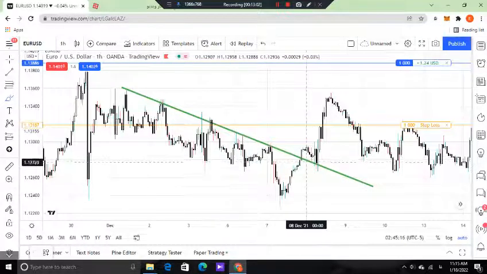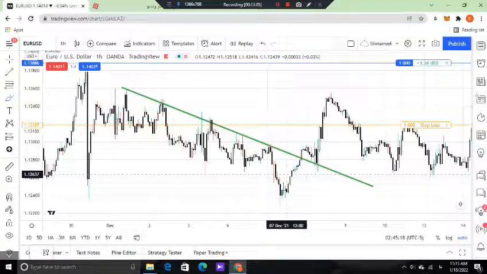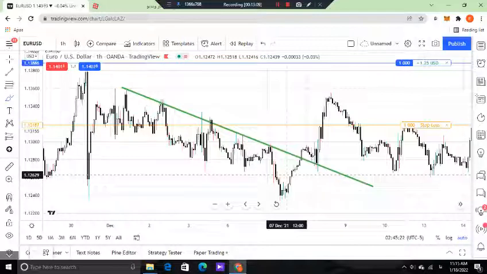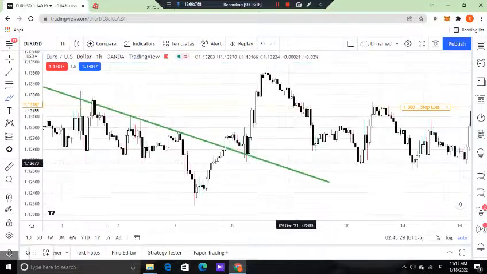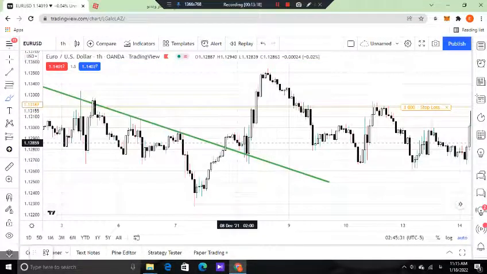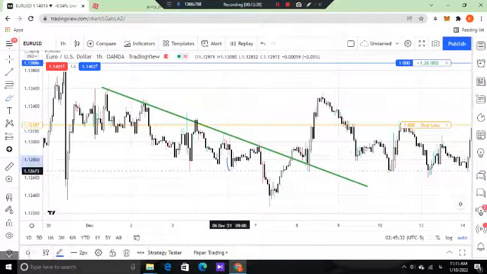Head and shoulders bottom is nothing but a lower low with a higher low after that. What's that?